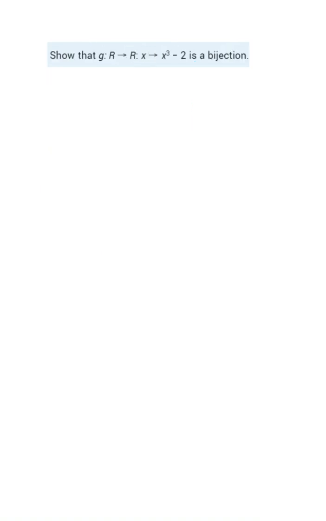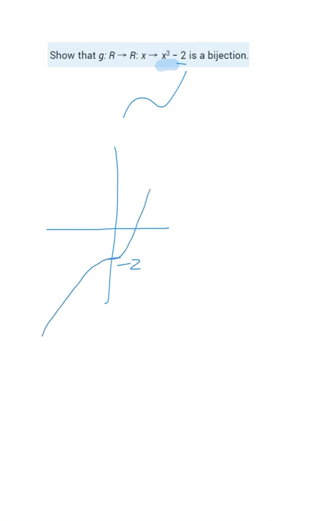Okay, so the next one here, we need to show that this function, x cubed minus 2, is a bijection. Okay, so I'll do this by doing a sketch. So I can see it's positive cubic, so it'll have this shape, and it's going to cross the y-axis then at minus 2. Okay, so the graph will just look like that.